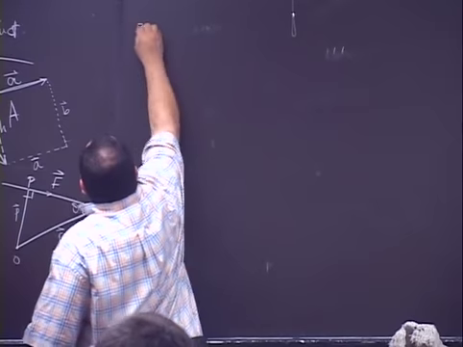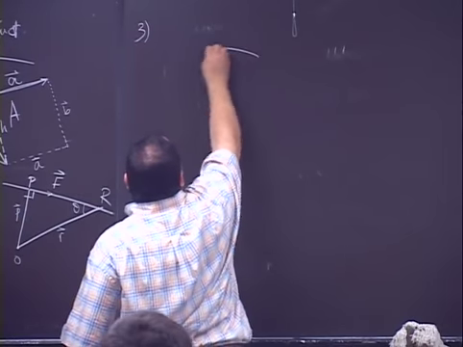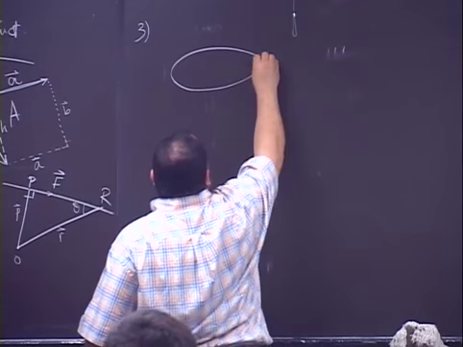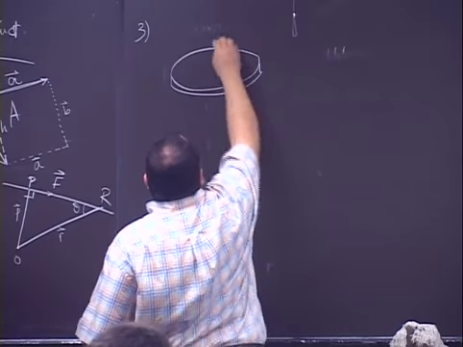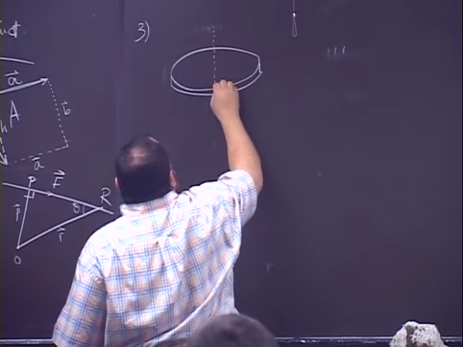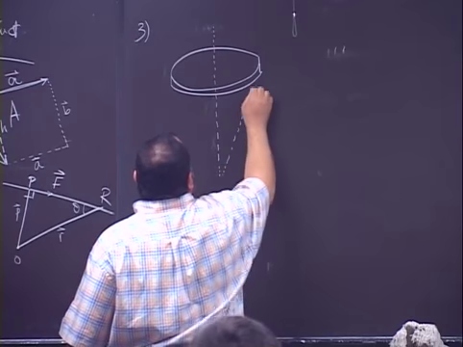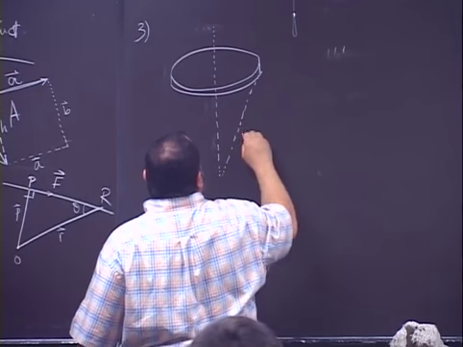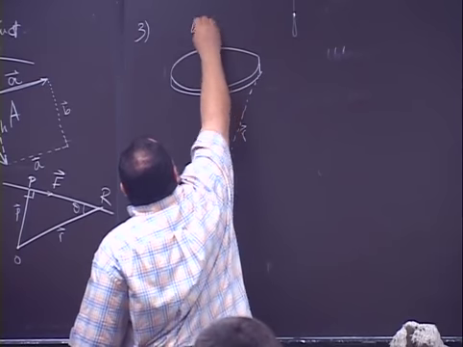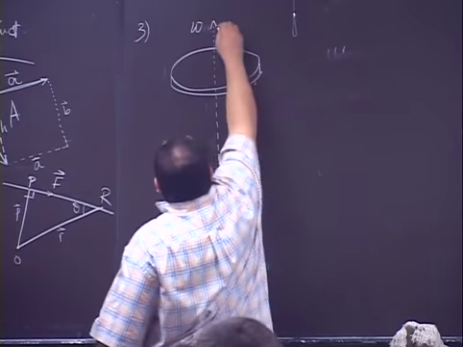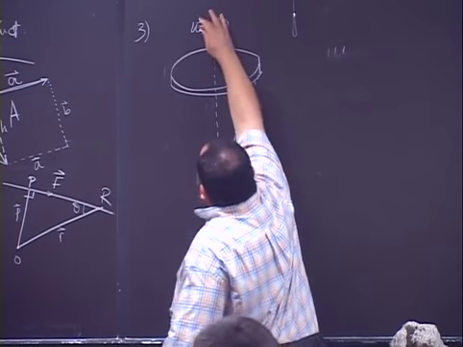Another example, if you have a rotating disc, and let's say that this is R and the disc is rotating with an angular speed omega.